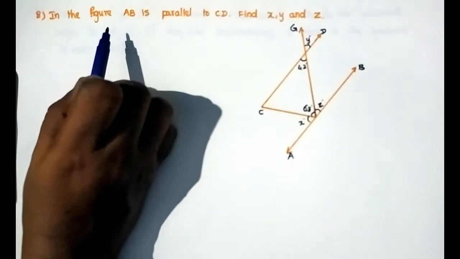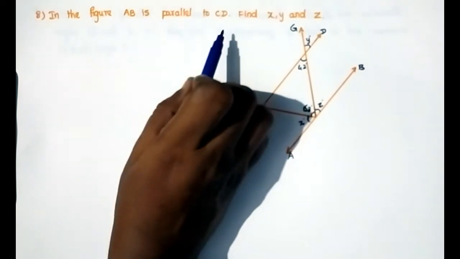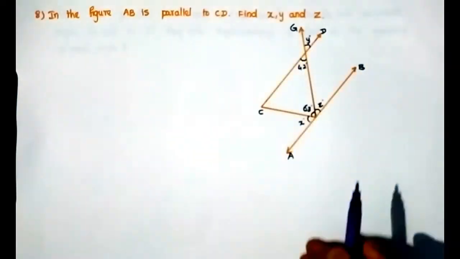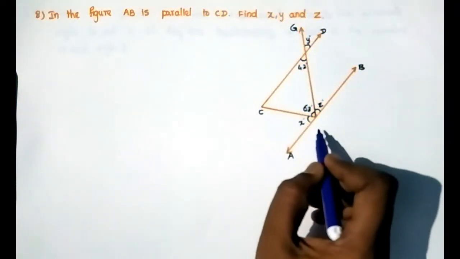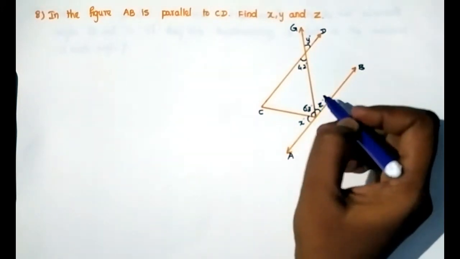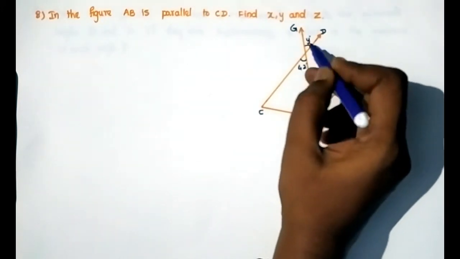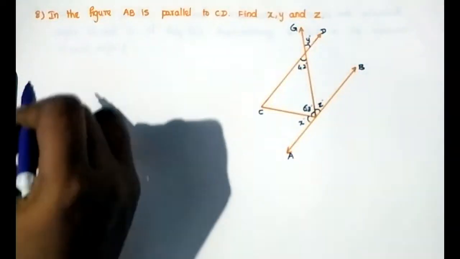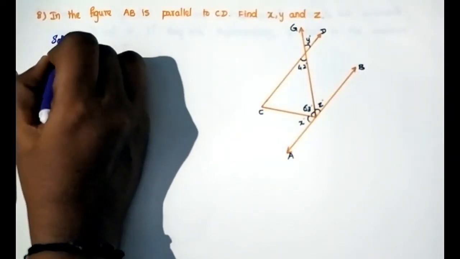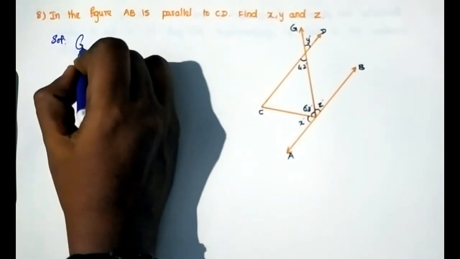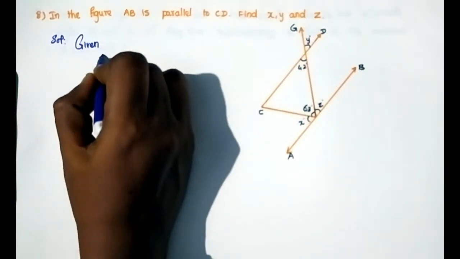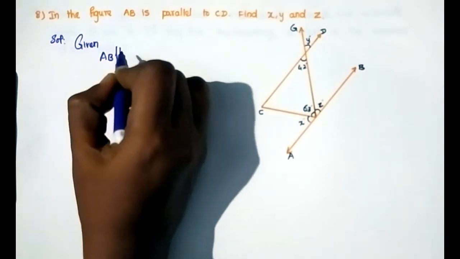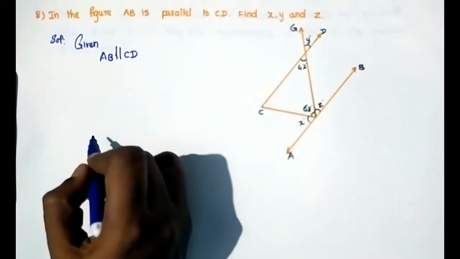Eighth sum. In the figure, AB is parallel to CD. Find x, y and z. Listen to this figure. Angle y equal to 42 degrees. How? That is the vertically opposite angle. So first write down the solution. Given AB is parallel to CD.